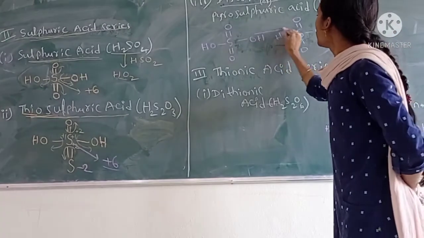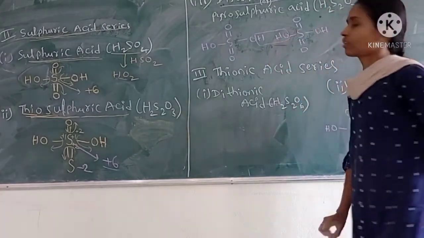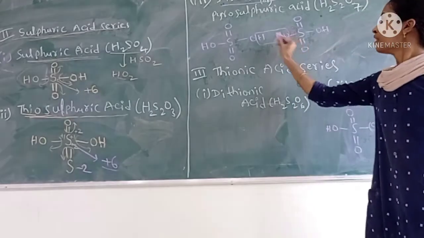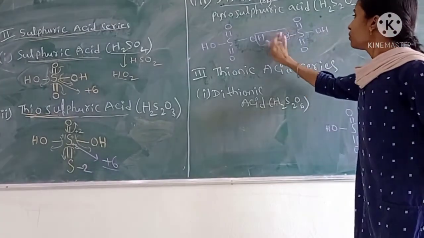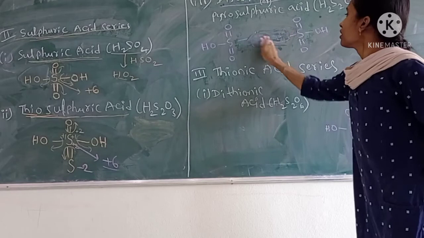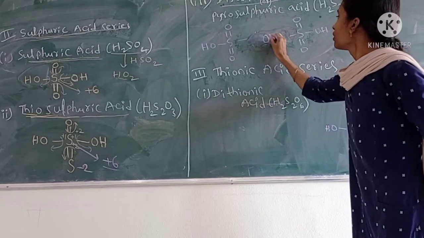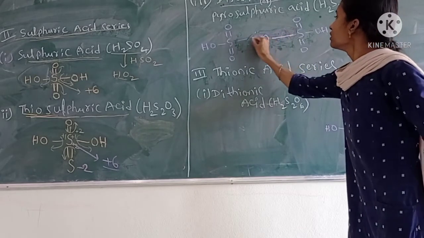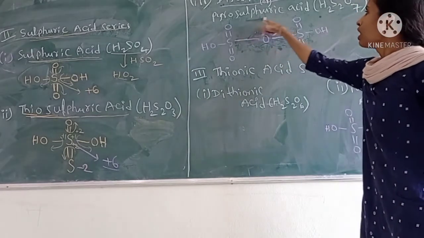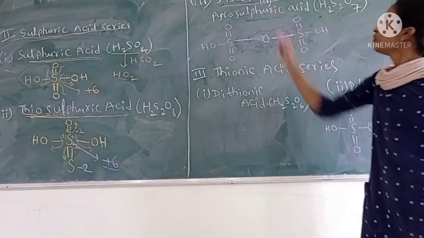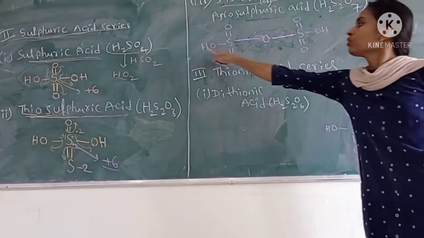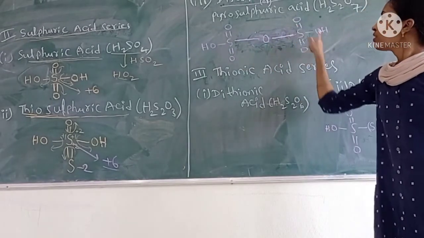Just remove this water and put the bond here. So if you remove this water and put the bond here, this is the pyrosulfuric acid or disulfuric acid, H2S2O7.